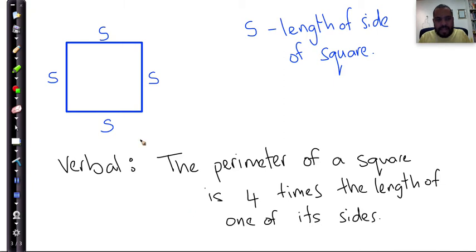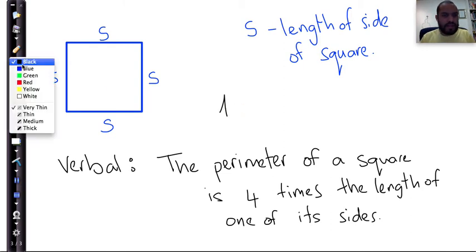Okay, now let me look at an algebraic method. Algebraically, let's choose a different color.